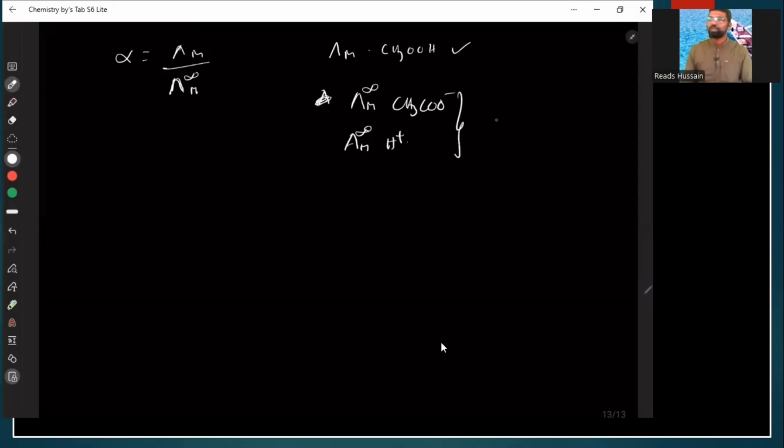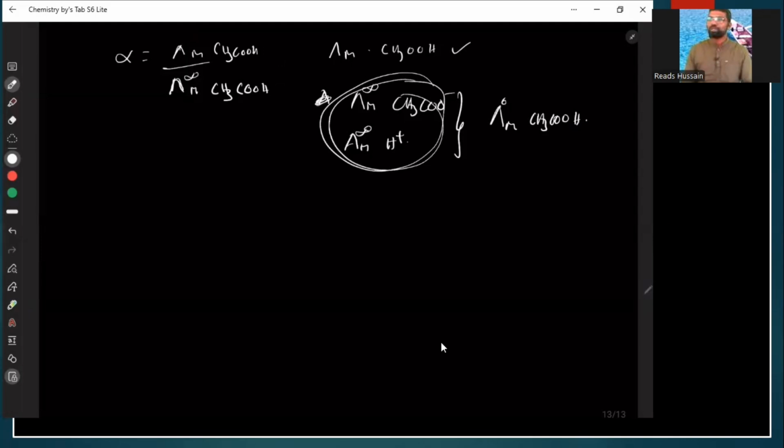But we want the molar conductance at infinite dilution of acetic acid. So you add these two. Then molar conductance at the given concentration of acetic acid divided by molar conductance at infinite dilution of acetic acid. After adding these two, you will get one more value, and you divide both values and you will get the answer. Very simple.